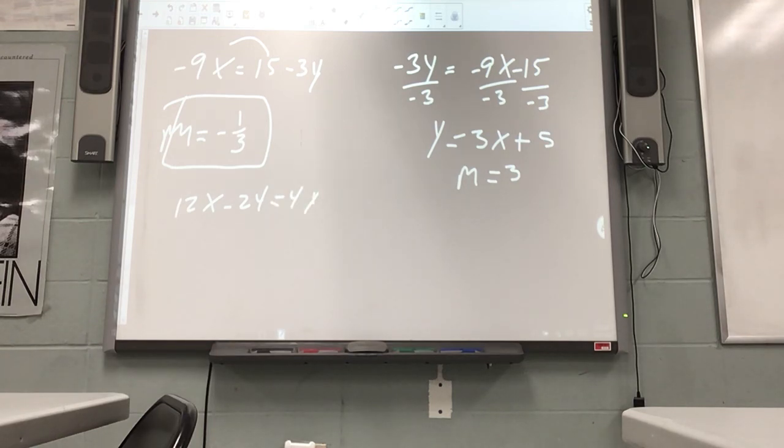Okay, so this one's almost solved for y. To find the slope, all I would have to do from here is divide everything by 4. So that would give me 3x minus 8 equals y. So its slope is 3. It's the same, which means parallel. I'm looking for perpendicular, so we can mark C out.